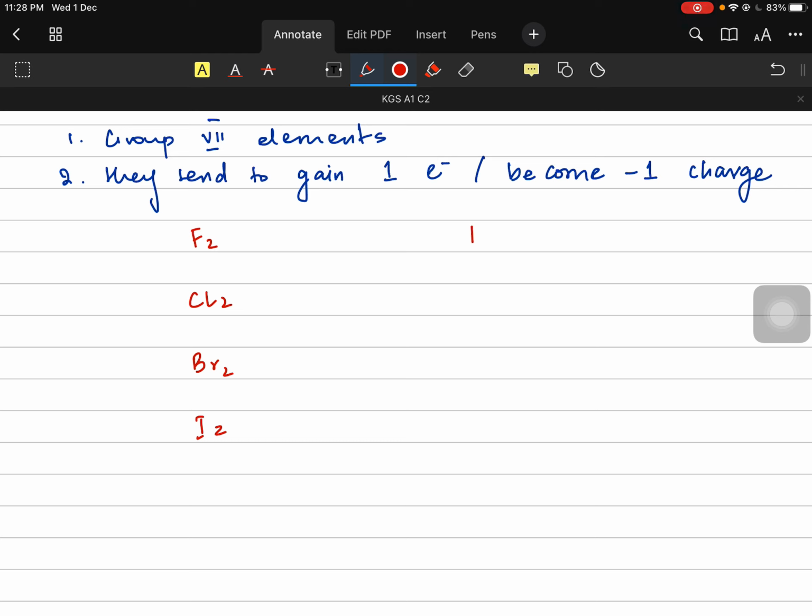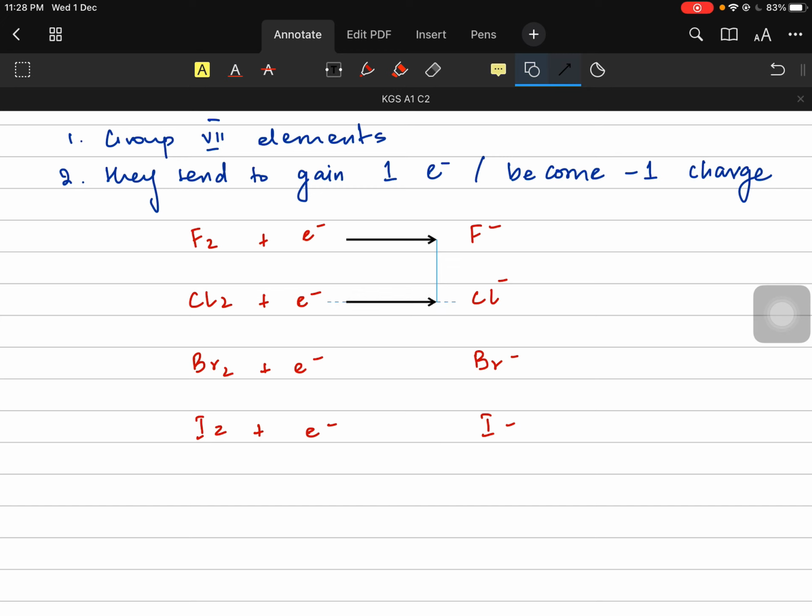So fluorine wants to make a fluoride after gain of an electron. Chlorine gains an electron to become a chloride. Bromine wants to gain an electron to become a bromide. And iodine wants to gain an electron to become an iodide. These are the 4 essential halides that we can see forming within the case of halogens.